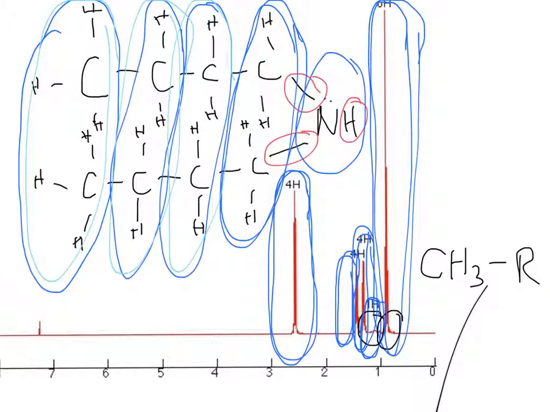This group here has a CH2 to the left and a CH2 to the right. This group here has a CH2 to the left and nitrogens to the right. And this group has only a CH2 to the left. So each group of protons has different neighbors, and that's what makes them different. And that's why they each have different peaks on the proton NMR.